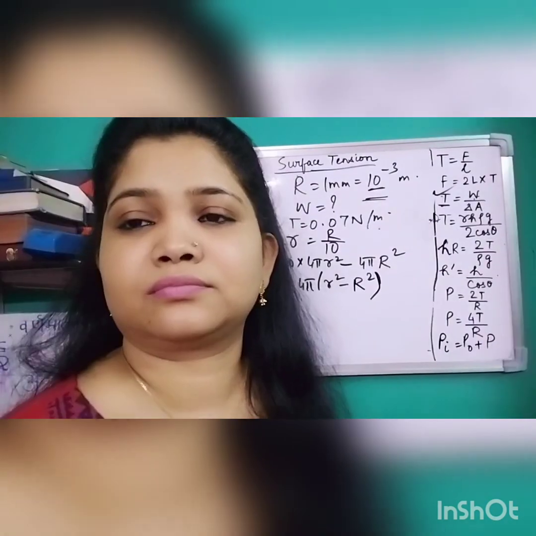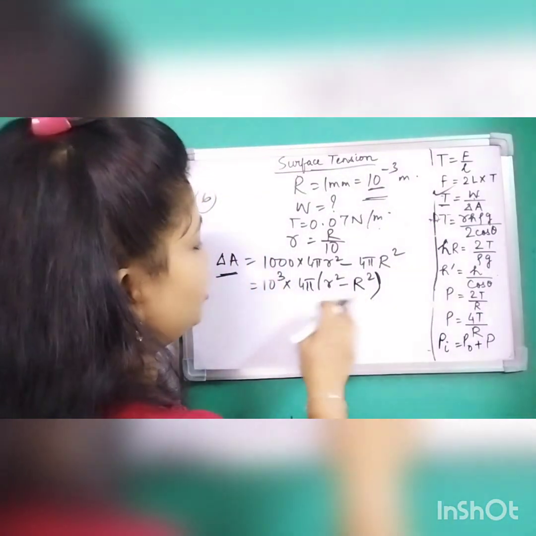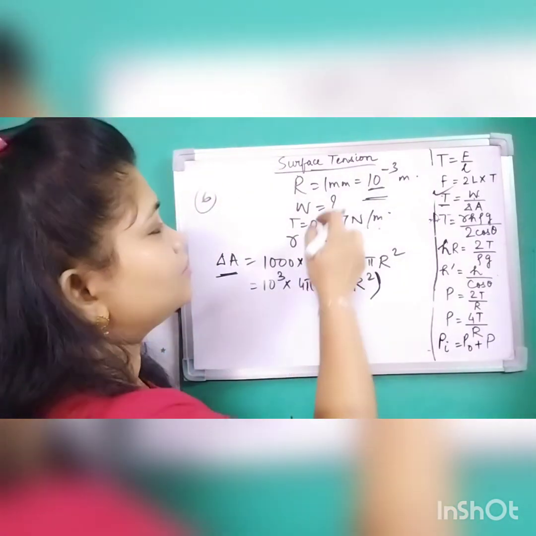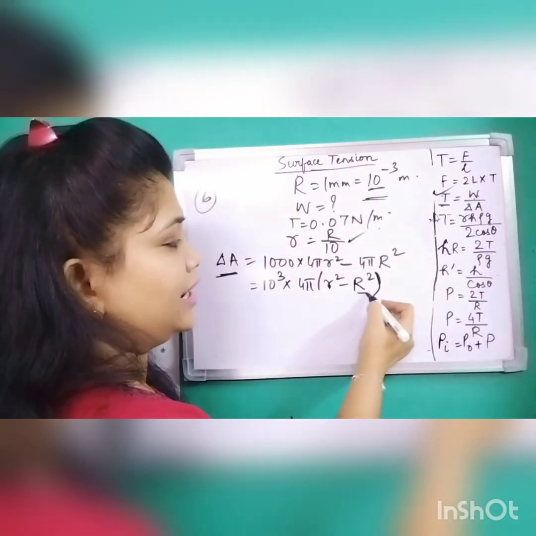Now, students, you are going to solve it. Put the value 10 cube, 4 pi, 4 into 22 by 7. Put the value of r as R by 10 and r square.